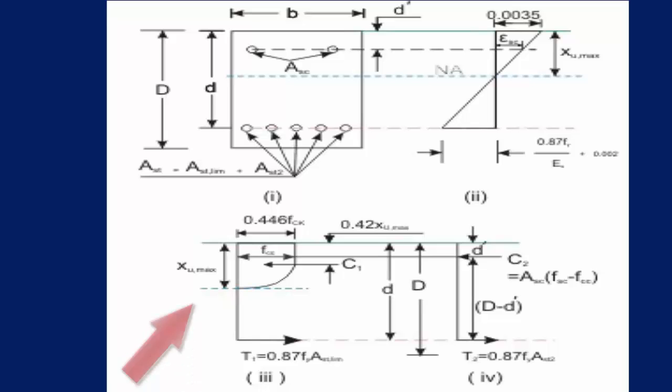Now here you see the stress diagram. From this to this is d dash. d dash means effective cover: the effective cover of the concrete from the topmost compression fiber to the CG of the topmost compression steel. Okay, the CG of the compression steel, that is d dash.